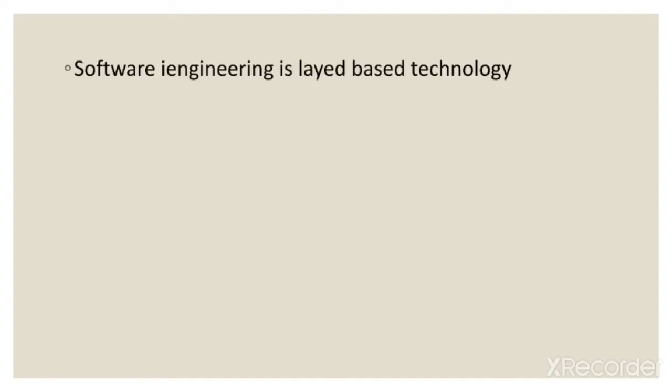In the first point, I have mentioned the title, layers of software engineering. As the title gives a clue, software engineering is a layered technology. Here the process takes place layer by layer.